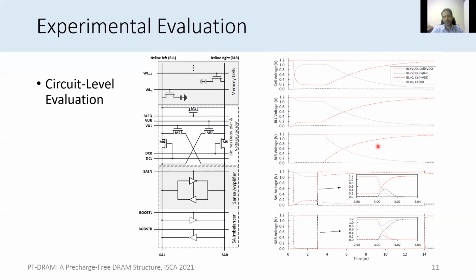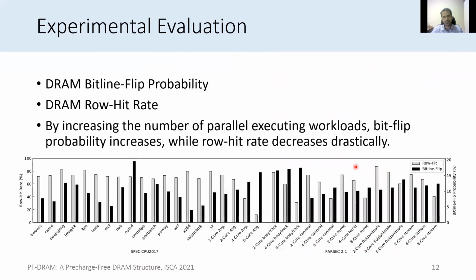And after stabilization of the sense amplifier by activating M3 and M4, the bit line voltage and consequently the cell voltage are updated if required. As mentioned before, in many cases their voltage is not required to be updated. Here you can see row hit rate and bit flip probability during execution of SPEC and Parsec.